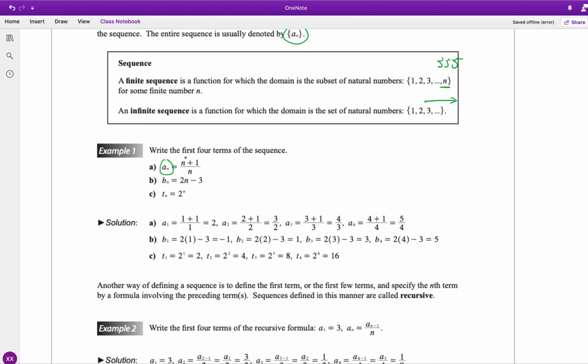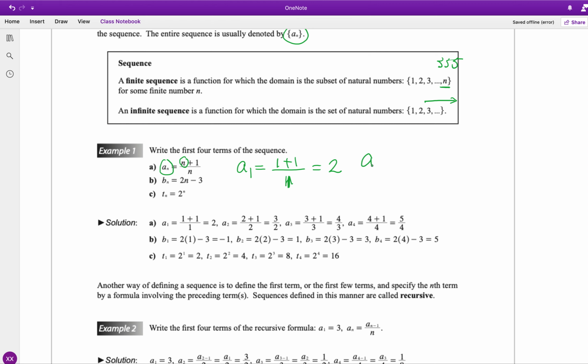Here n is the term number and An is the term value. So if it's A1, then n is 1, so 1 plus 1 on top, and the bottom is still n, so that is 2 over 1, which is 2.